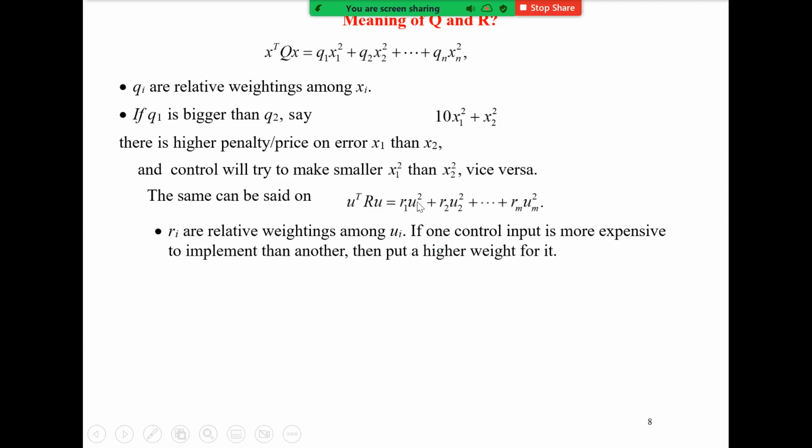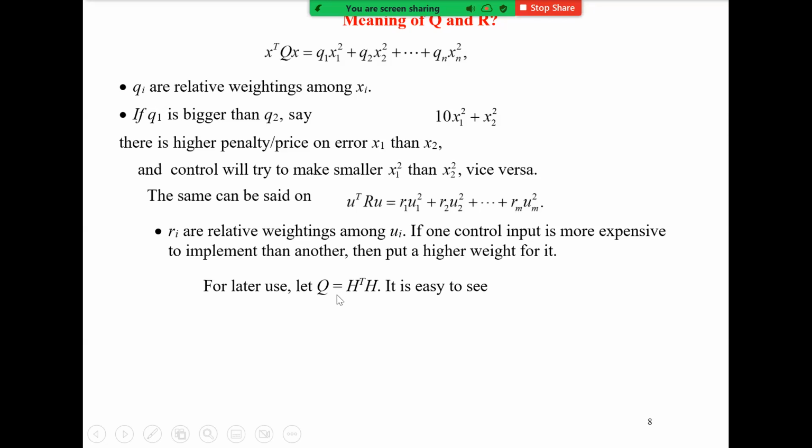We try to minimize that, so the value of that input will be smaller than the other inputs if we put a higher weight on it.